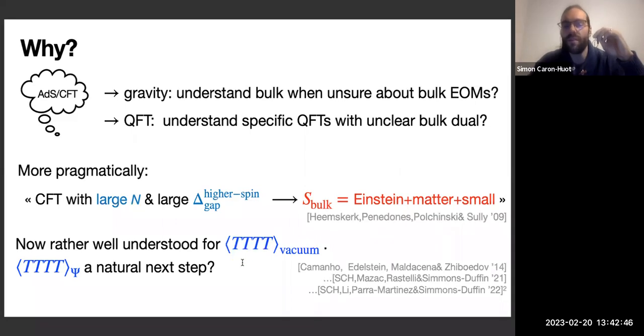So looking at a simple object like the 4-point function in an excited state seems like a natural next step if we're going to understand things like the geometry, not of the vacuum, but the geometry and the dynamics of, say, a plasma. So that's our general motivation. Today, we won't really do that, but we'll explore what we can measure from this 4-point function, and what it tells us about the geometry.